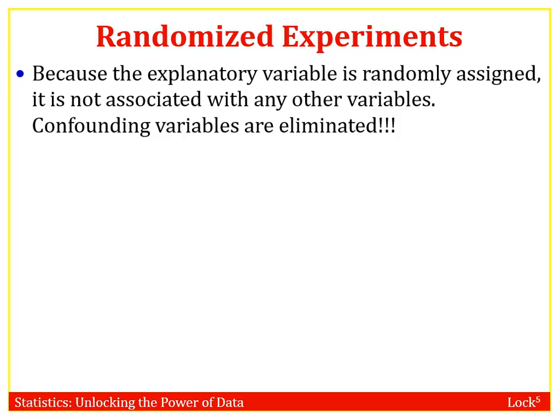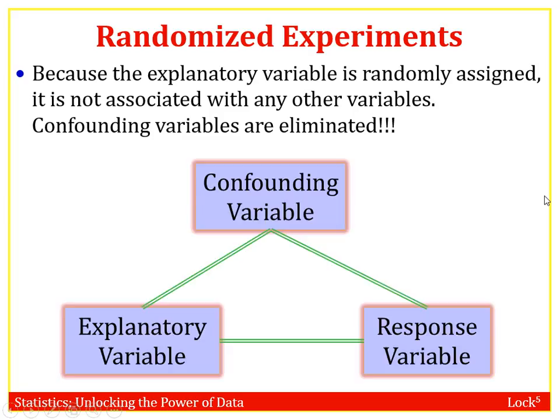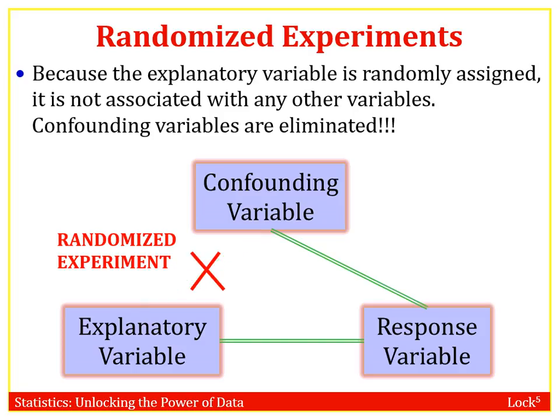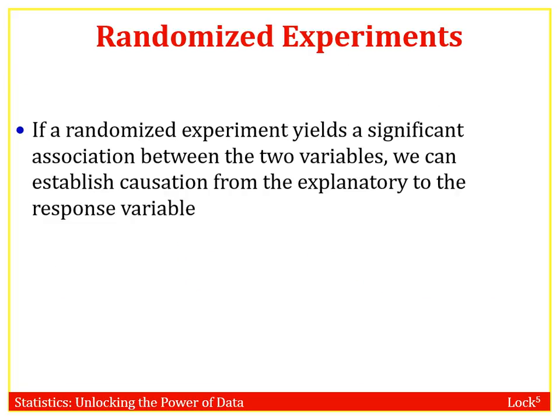Randomized experiments, because the explanatory variable is randomly assigned, we can, for the most part, eliminate confounding variables. So when we have a randomized experiment, we can actually break the influence of confounding variables so that we can go ahead and say causation.